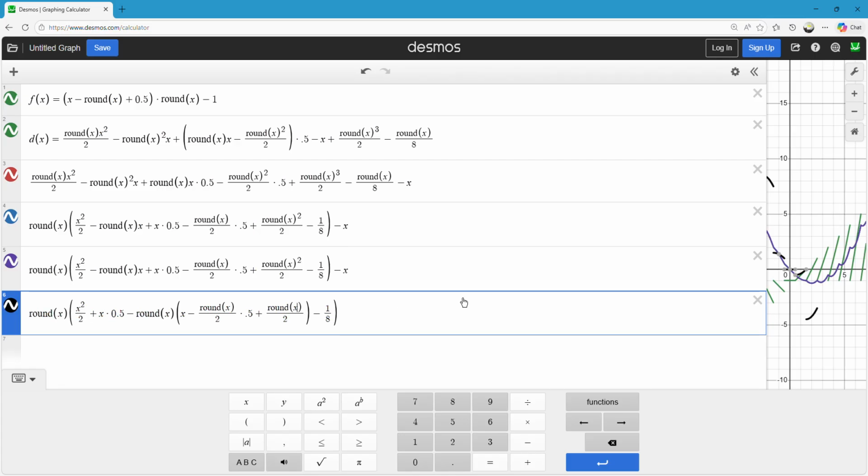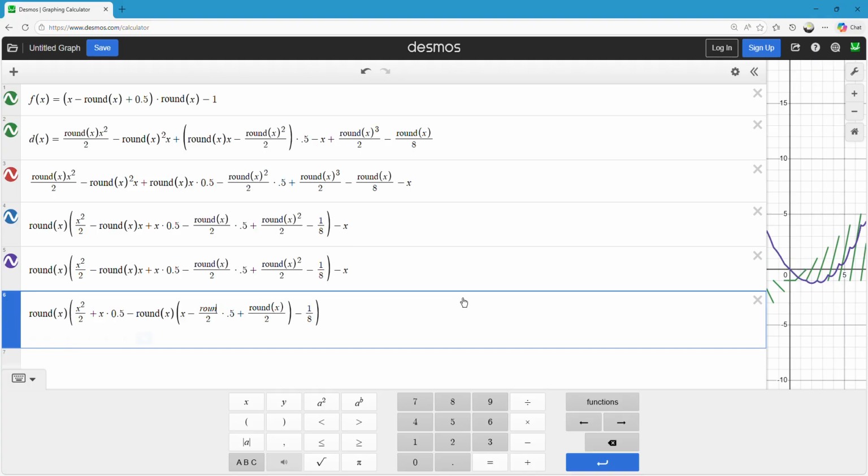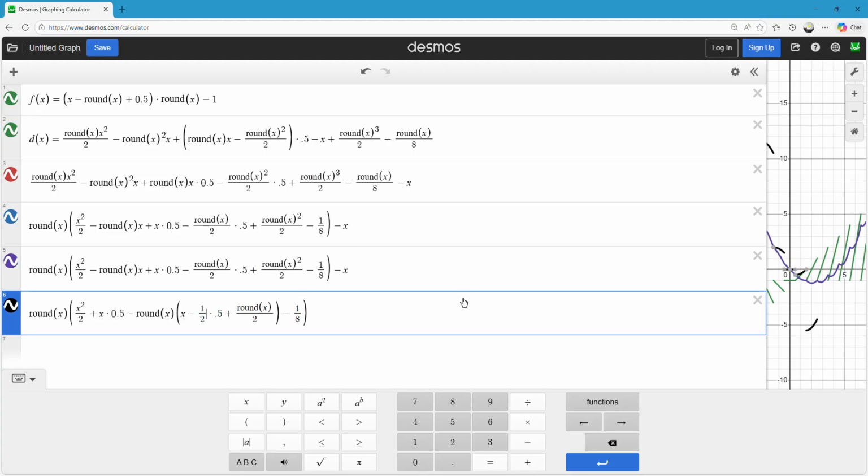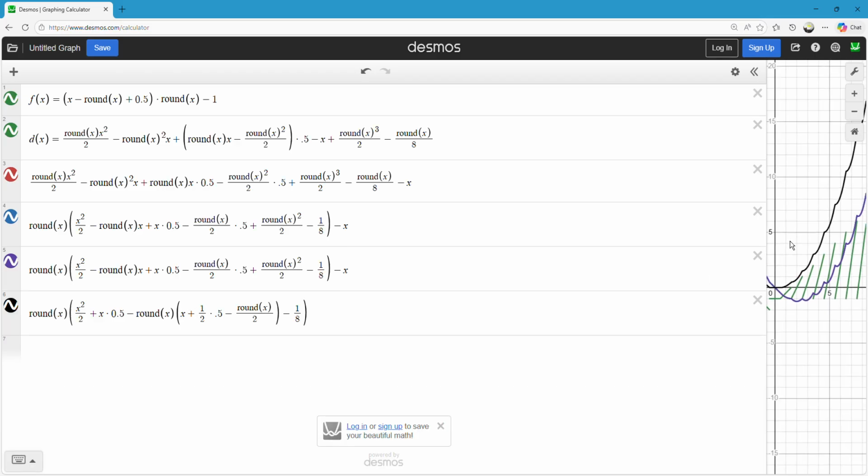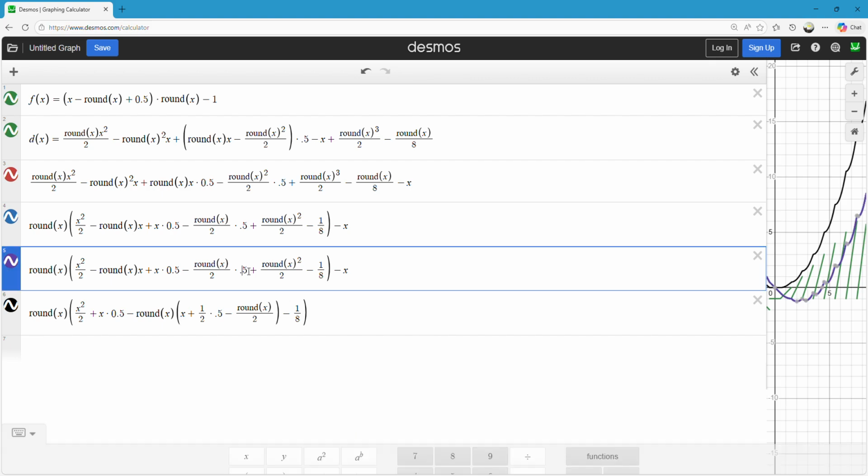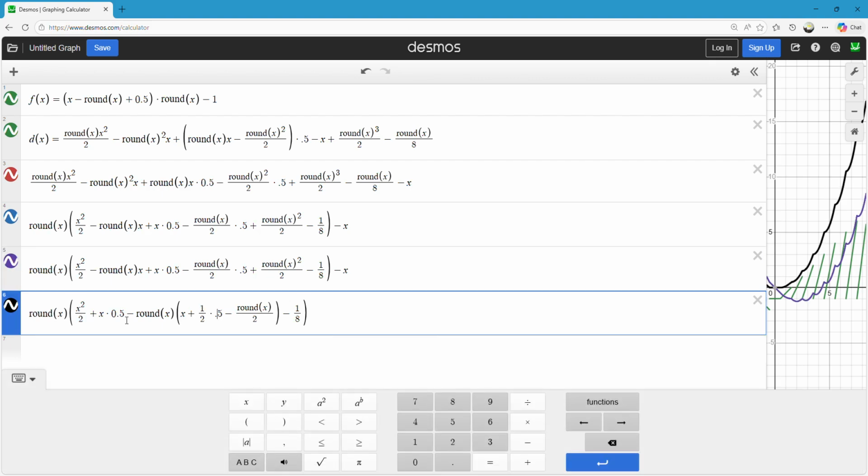And since that's going to be rounded, and oh, I messed up. I messed up simplifying the function. At times I do that.